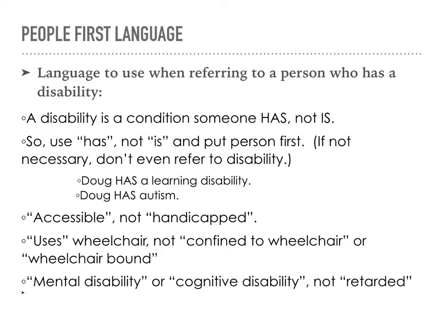One of the first things we need to learn is to use people-first language. This is language to use when referring to a person who has a disability. A disability is a condition someone has, not is. So use has, not is, and put the person first. If not necessary, don't even refer to the disability.